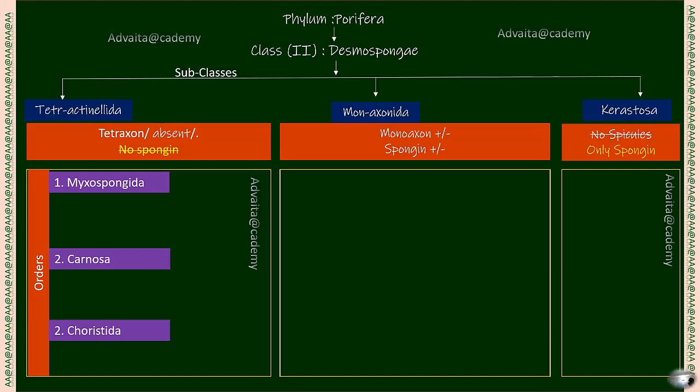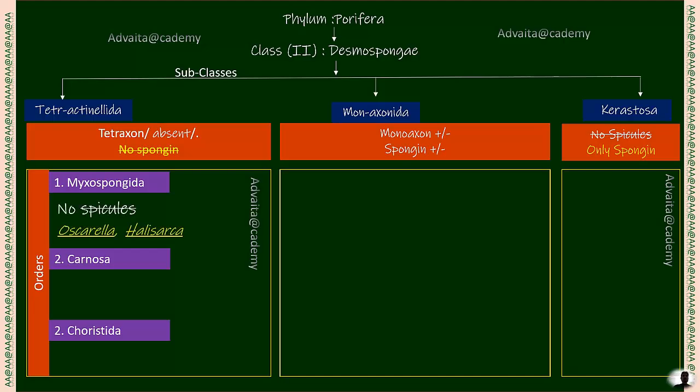In Carnosa, the spicules are small in size. Only small size spicules are present. In Choristida, large size spicules as well as small size spicules are present.